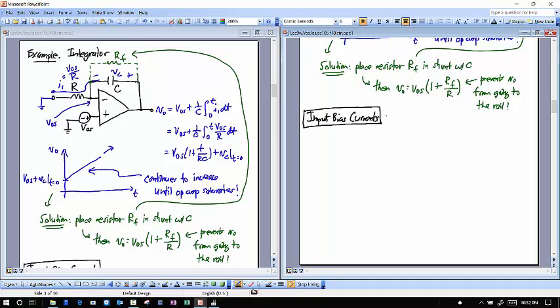Okay, and so what are input bias currents? So many op-amps require small currents into their input terminals for proper operation. Okay, so these currents are independent of the input resistance Rn. Let me just write some of that down. Many op-amps require small currents into their input transistors that basically allow the transistors to function.